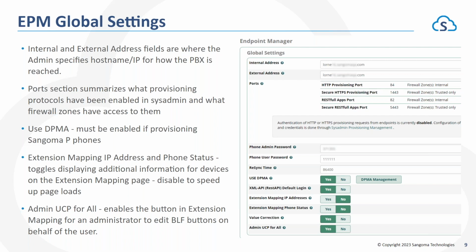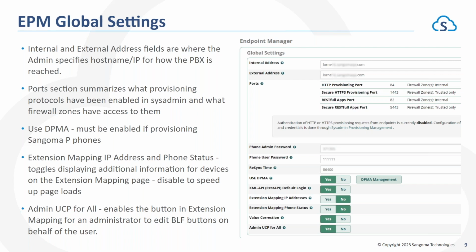So at a glance, we can tell which protocols are enabled, what ports are in use, and what zones they have in the firewall. So we can quickly tell, depending on the use case or where our phone is located, which provisioning protocol to use and how to use it.